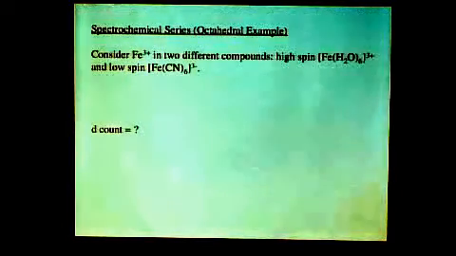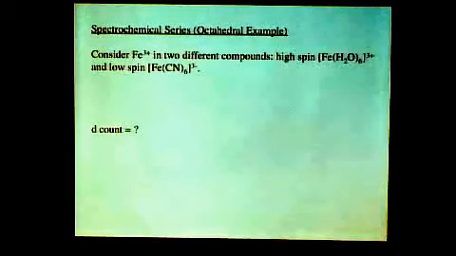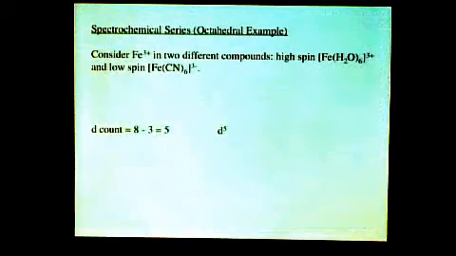So first, before you do anything else, you always have to think about what the d count is. To do the d count, we look at where iron is in the periodic table, and it's in group 8. Then we have 8 minus 3, the oxidation number, so it's a d5 system.